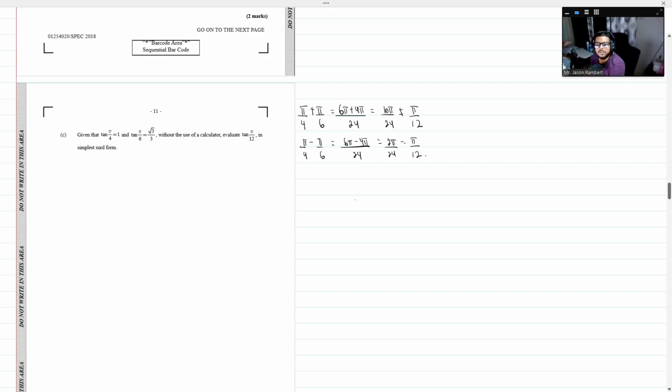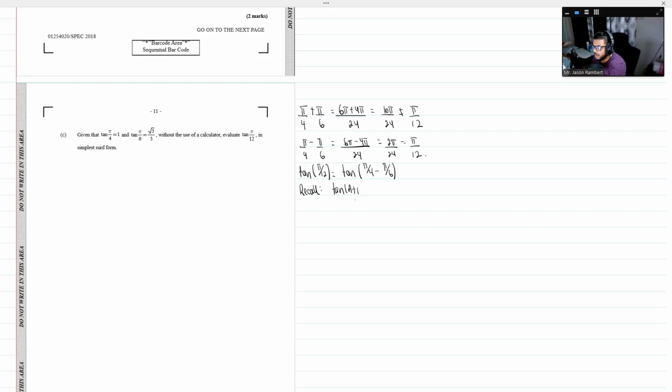And from there, you're supposed to know to just switch around the two numbers. So now I can see tan of pi on 12 is equal to tan of pi on 4 minus pi on 6. I'm going to recall my compound angle formula for tan.